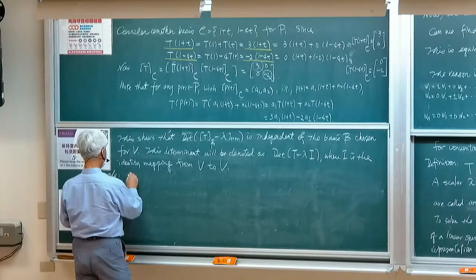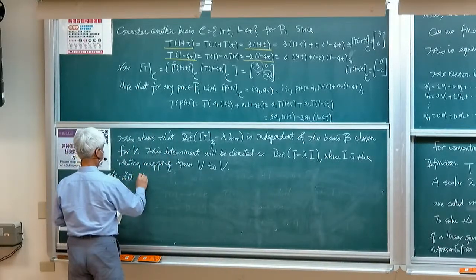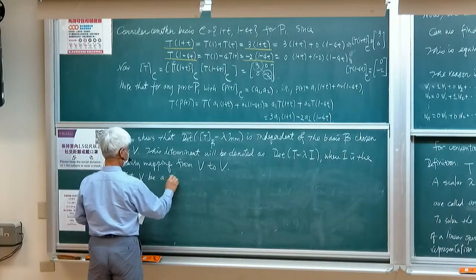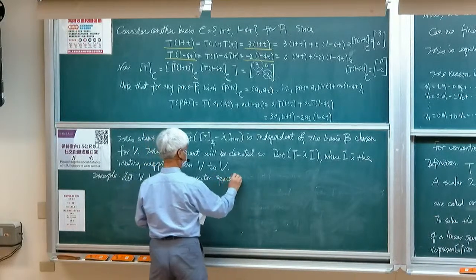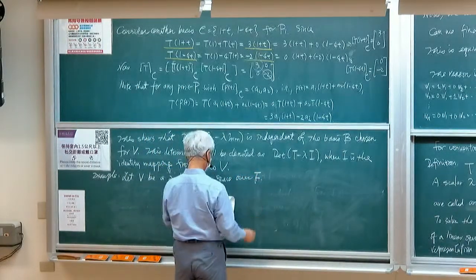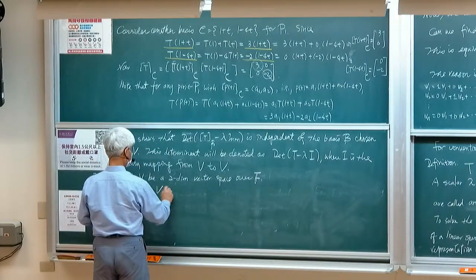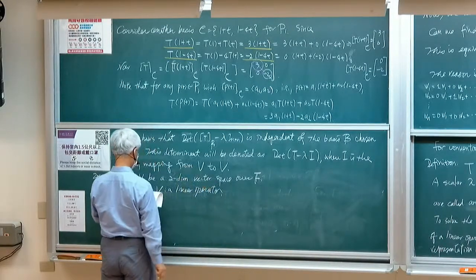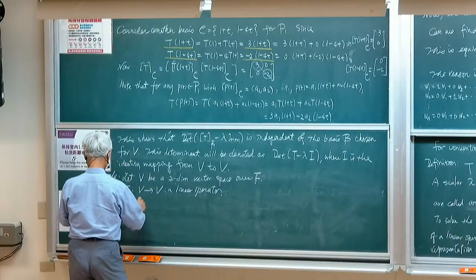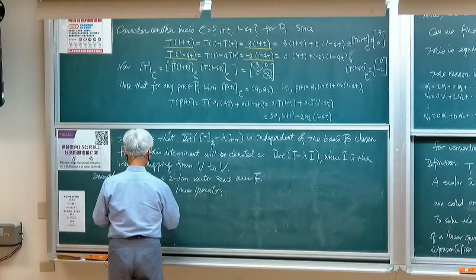Okay, so we will assume, so we let V be a two-dimensional vector space over F, and T is V to V a linear operator, and B, V1, V2, a basis.